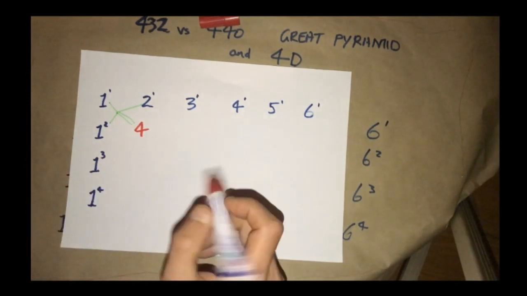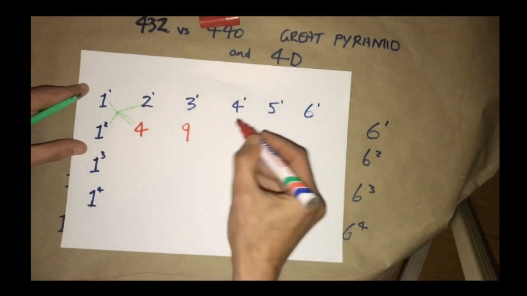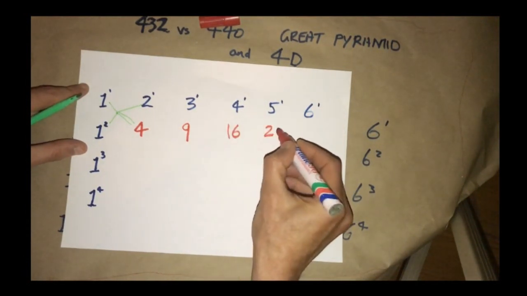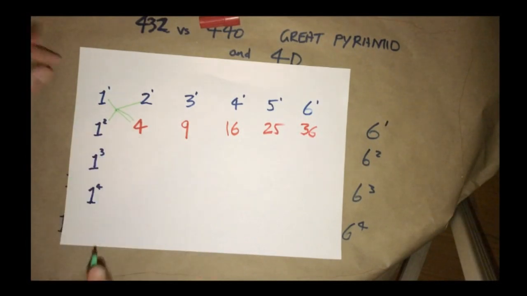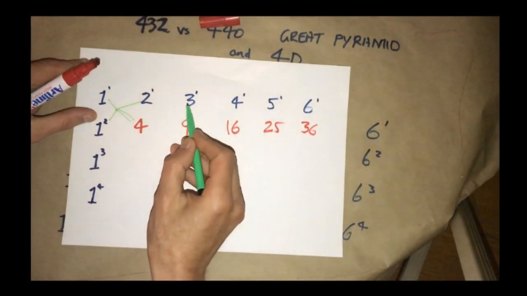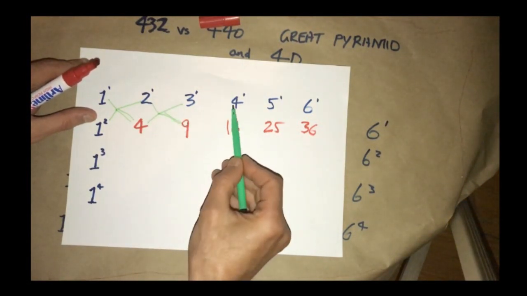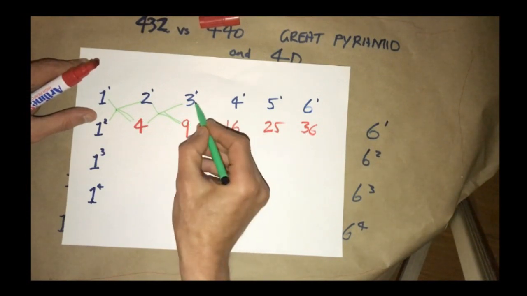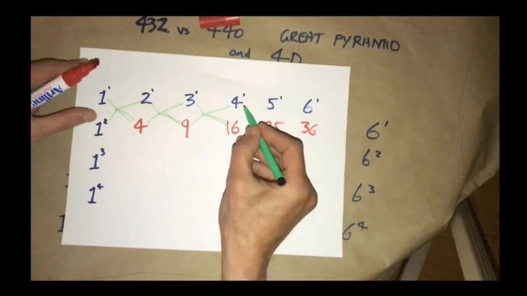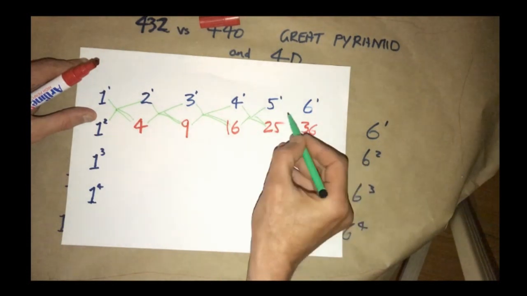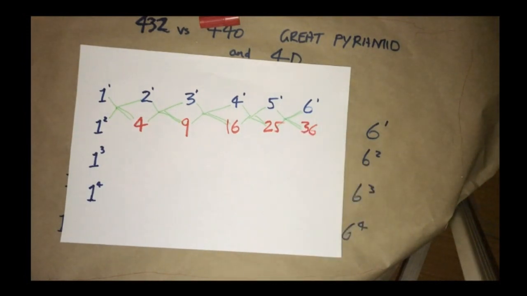Now if you carry that through, 3 squared would be 9, 4 squared is 16, 5 squared is 25, and 6 squared is 36. If we follow that same rule, 3 plus 2 plus 4 equals 9. Follow the rule again, 4 plus 3 plus 9 equals 16. 5 plus 4 plus 16 equals 25. And 6 plus 5 plus 25 equals 36.